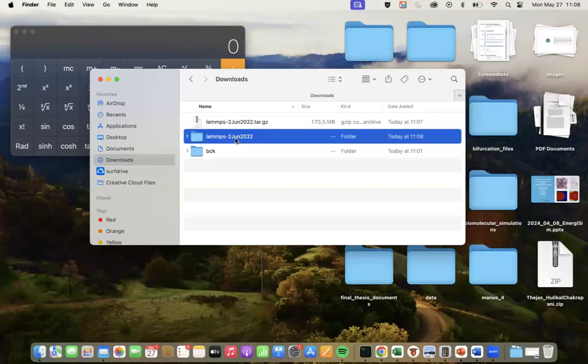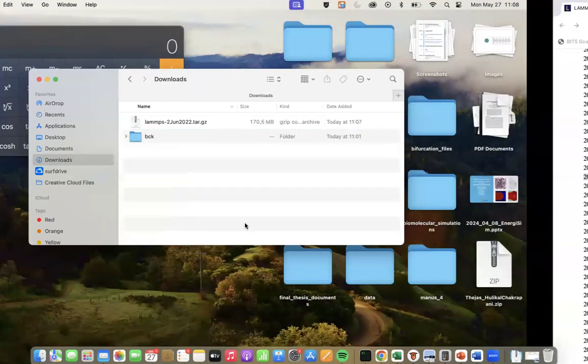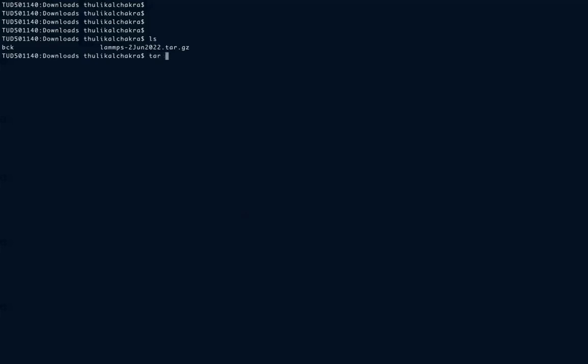But if you wish to completely do this on the terminal, then I would use this command. All it's telling is to unzip the file, provide some verbose output, since it's a zipped file, and then you have some other options to enable the unzipping of this particular tar.gz file.